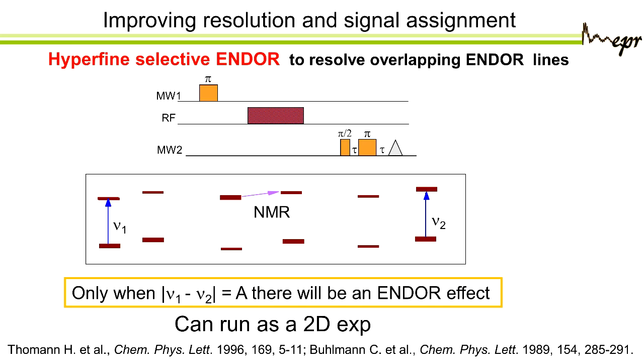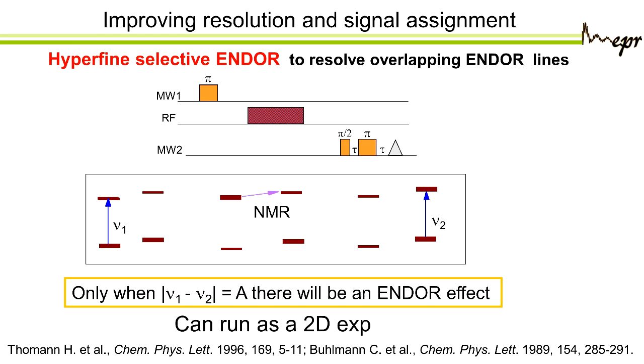So in this case, I will get an ENDOR effect only when the difference between these two microwave frequencies is the hyperfine frequency. So sometimes when I have a very crowded ENDOR spectrum that I don't know who's who, I can try to do this experiment and see which are the lines that belong together. You can also do it as a 2D.